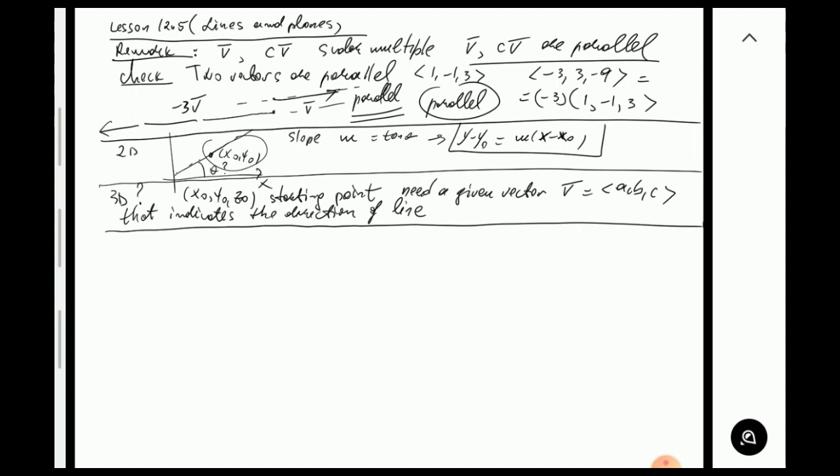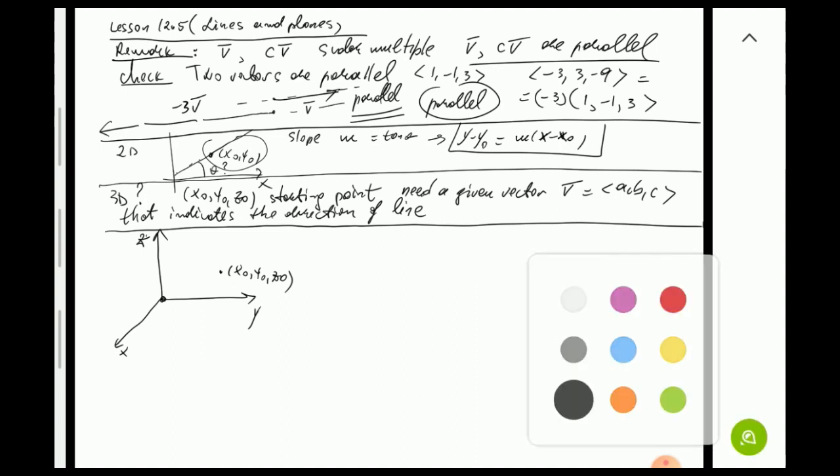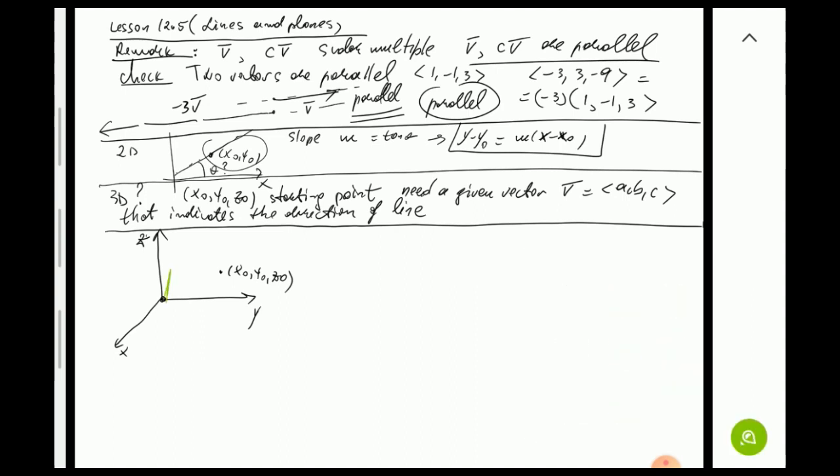So let's just see how we derive that formula. It's very simple stuff, but if you're just beginning to use vectors, go a little bit slower to visualize everything correctly. Okay, so let's sketch our coordinate system here. Let's say our point on the line is here, and suppose, let's use a different color, my direction vector in component form is over here.